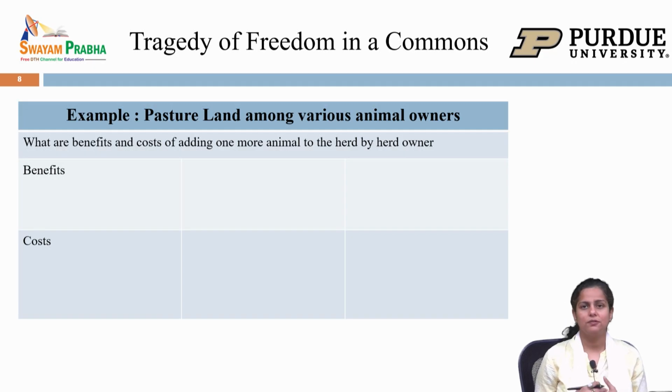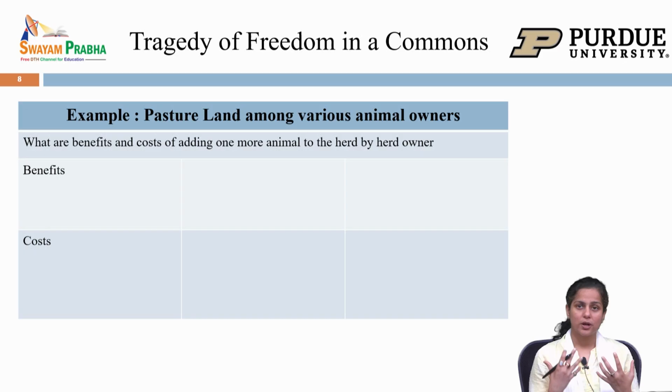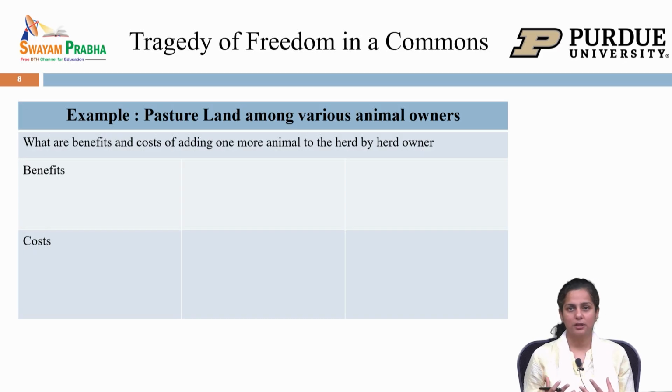Let's say I have one herd owner, and now they have the capacity to buy one more animal. So they add one more animal to the herd. What are the benefits and the costs? The benefit is that because of the addition of that one more cattle, they will have increased production of milk. Then they can sell more and get a price.